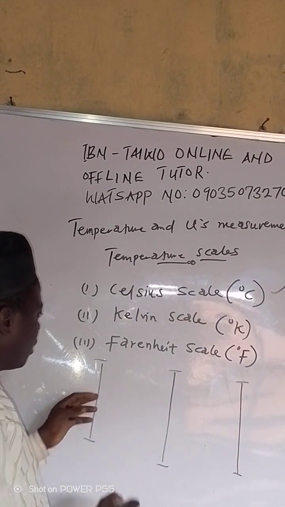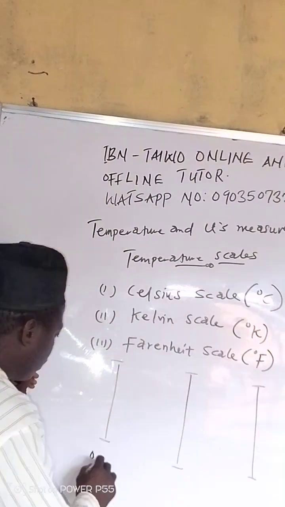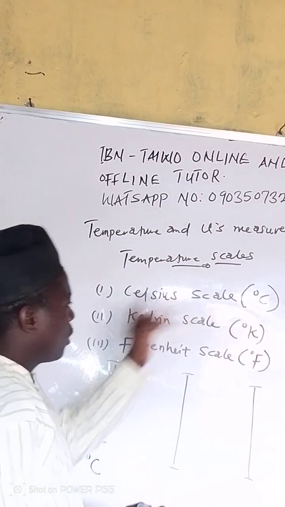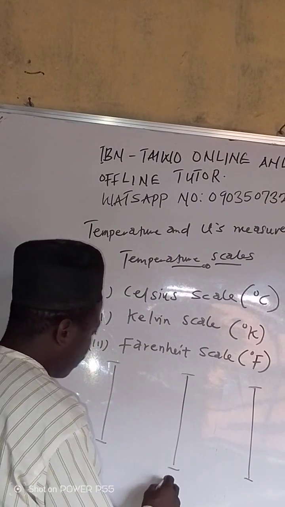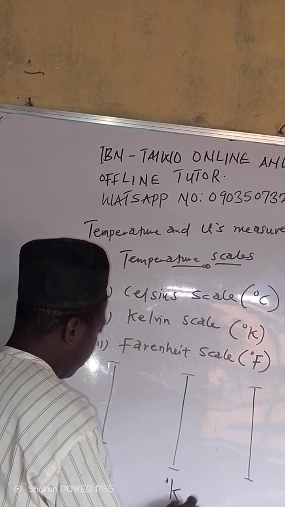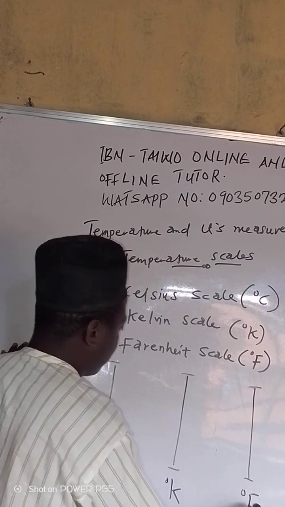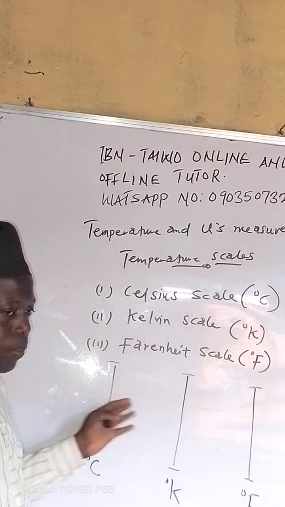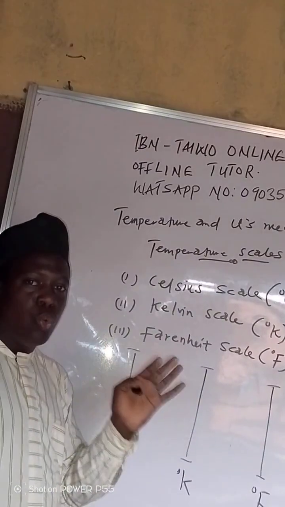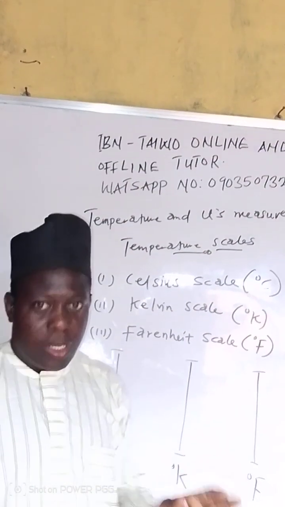Let's assume that this one is for degree Celsius, which is the Celsius scale. This scale is Kelvin, while this one is Fahrenheit. Don't forget that I said each scale has two different points.